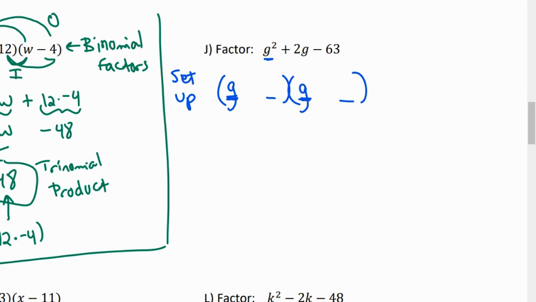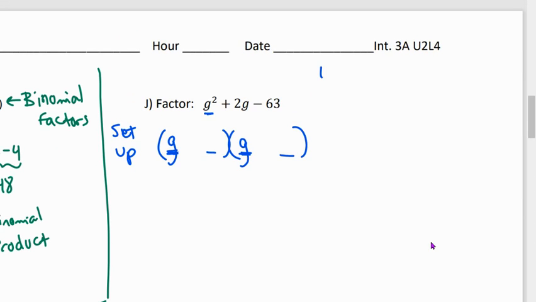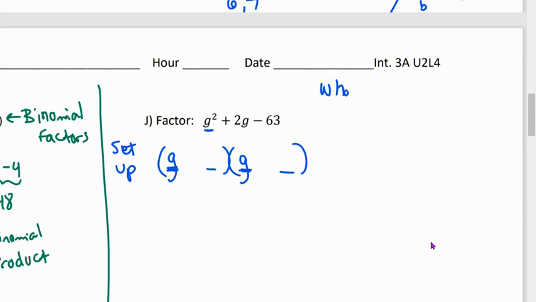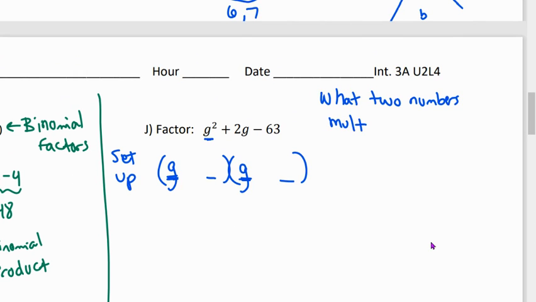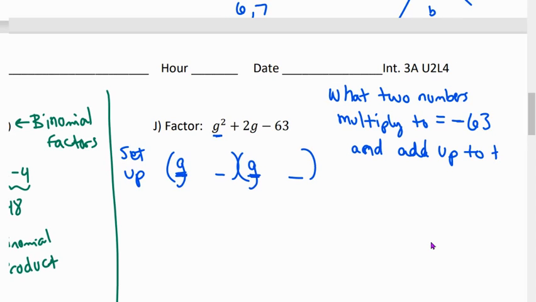To figure out the numbers, write down the question. What 2 numbers multiply to equal a negative 63 and add up to a positive 2?